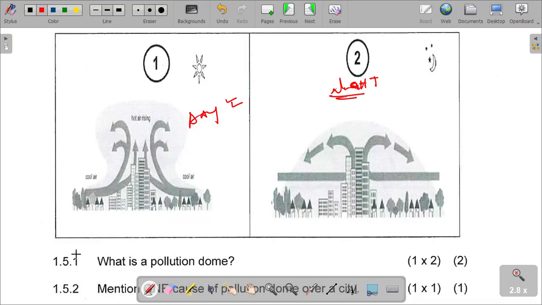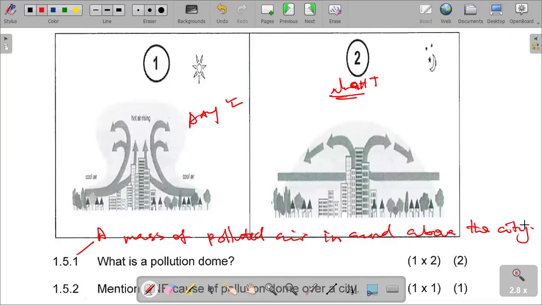A pollution dome is a mass of polluted air in and above a city. It's a mass of polluted air in and above the city.